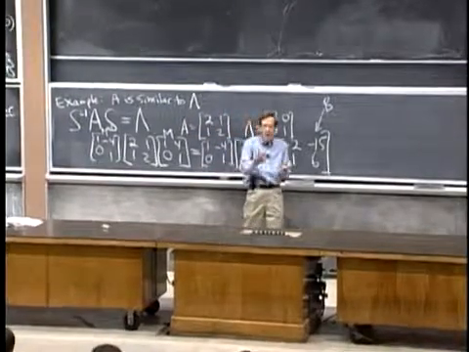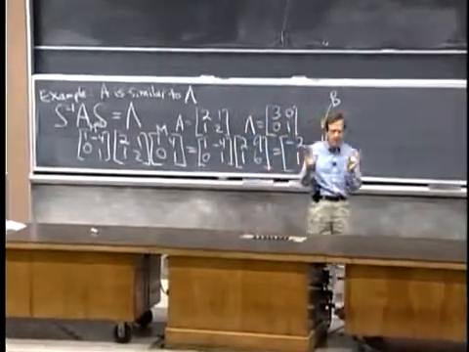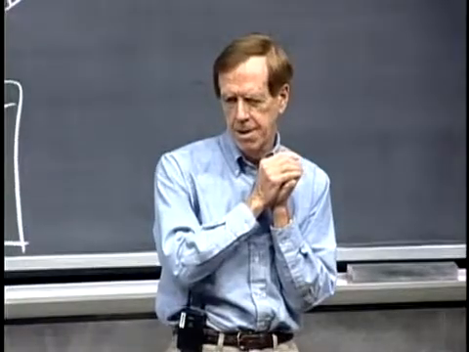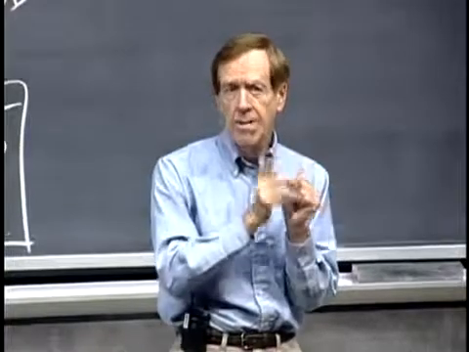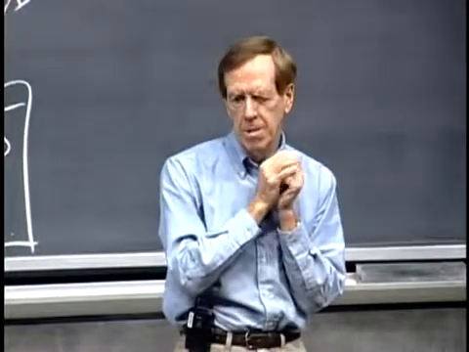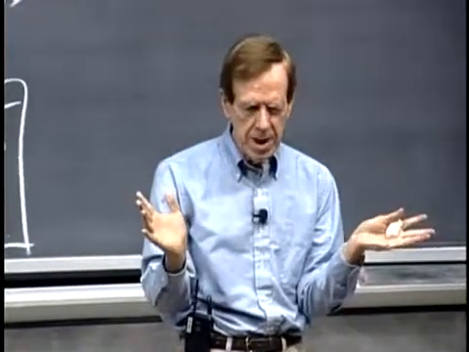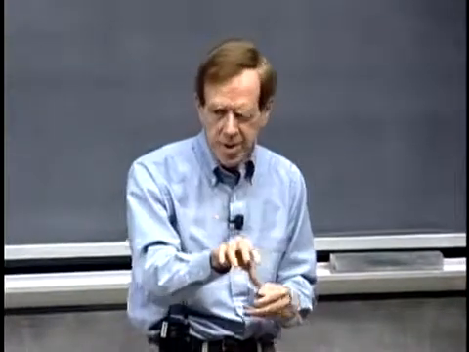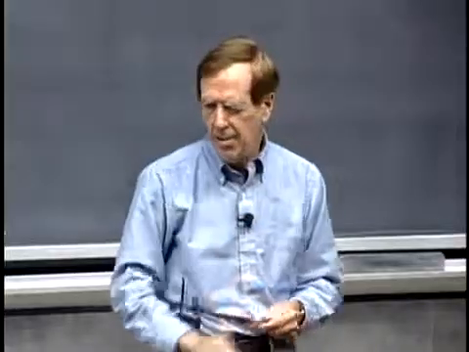What is it that A and B have in common? Now I'm telling you the main fact about similar matrices. They have the same eigenvalues. This chapter is about eigenvalues, and that's why we're interested in this family of matrices that have the same eigenvalues.